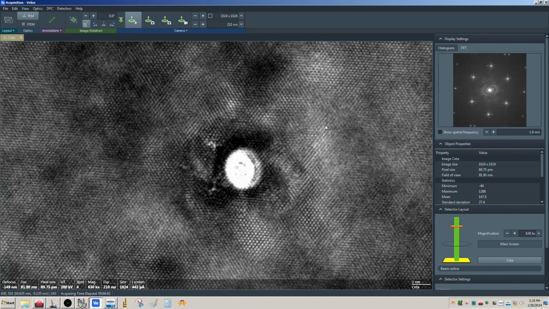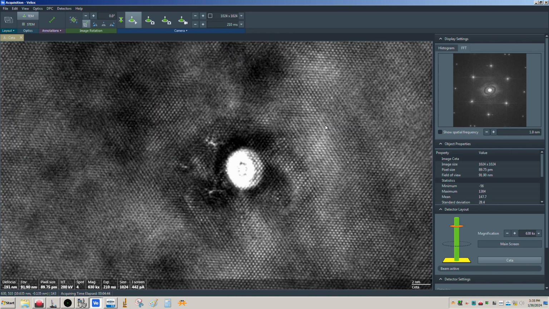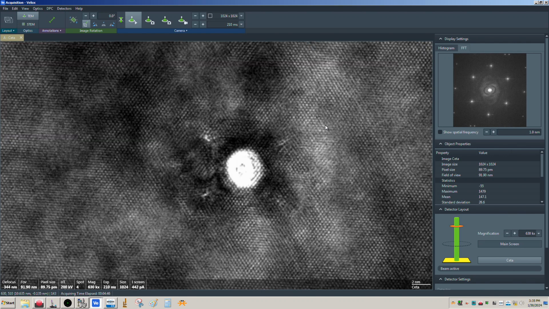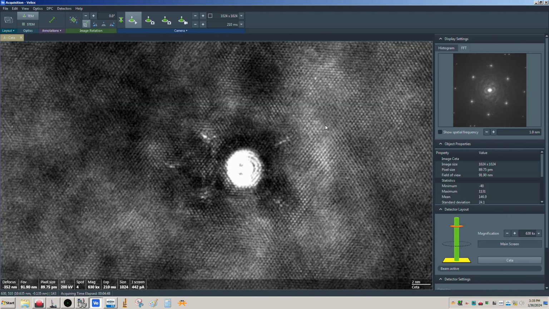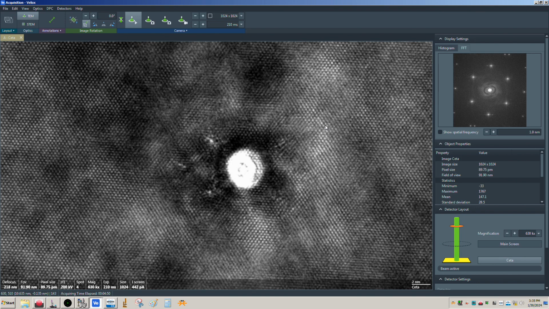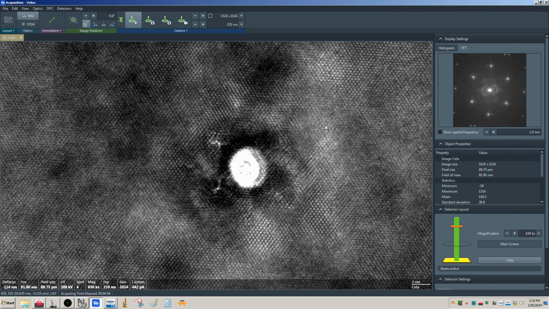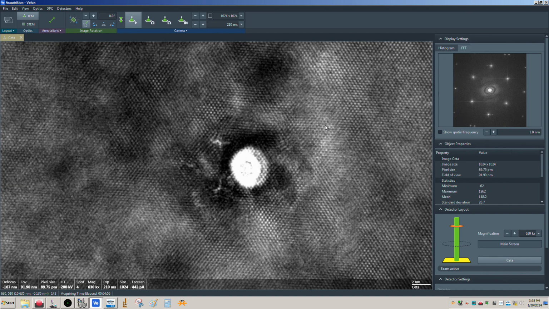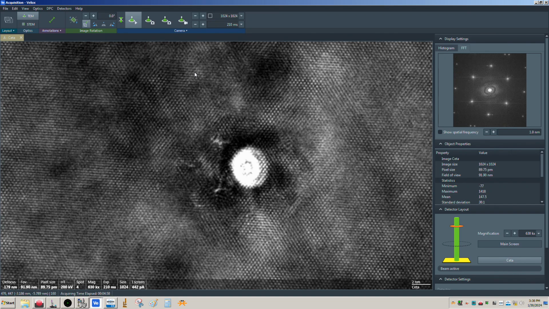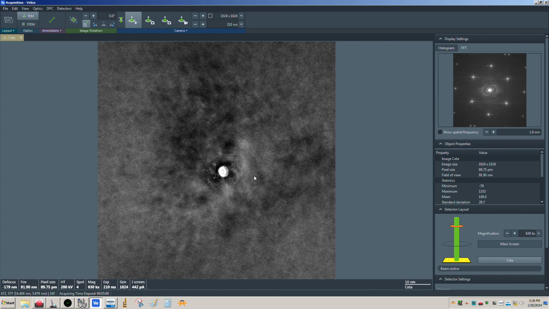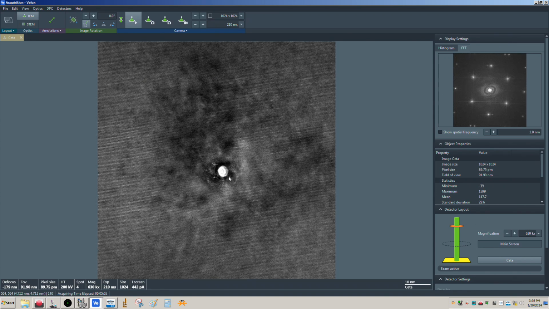Unfortunately, still not really enough detail here in the FFT to help us focus. Or I should say not enough amorphization, right? But we can still see clearly, right, that we've cooked the sample pretty good here.